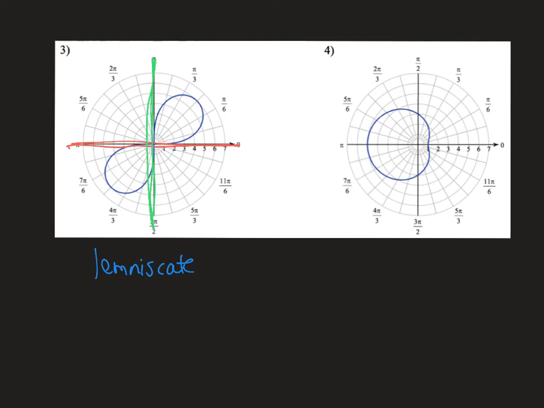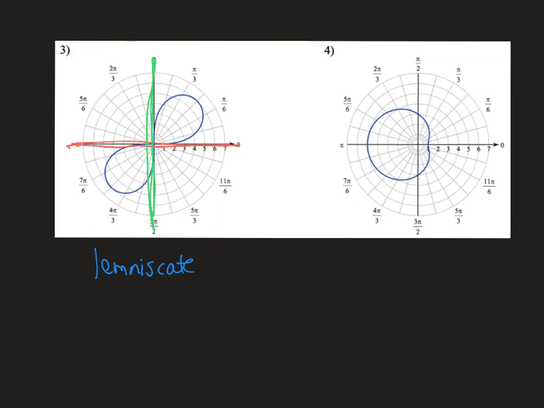Because again, polar axis would be hamburger, right? And if I just try to fold the top of the graph down on the bottom of the graph, it's not going to sit back down on itself. And if I take and try to fold the right side of the graph over to the left side of the graph, meaning hot dog style, it's not going to sit down on it. It's not going to match up basically.